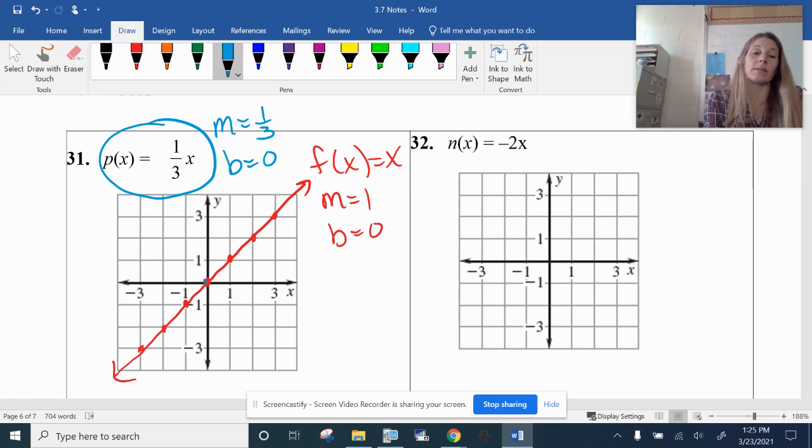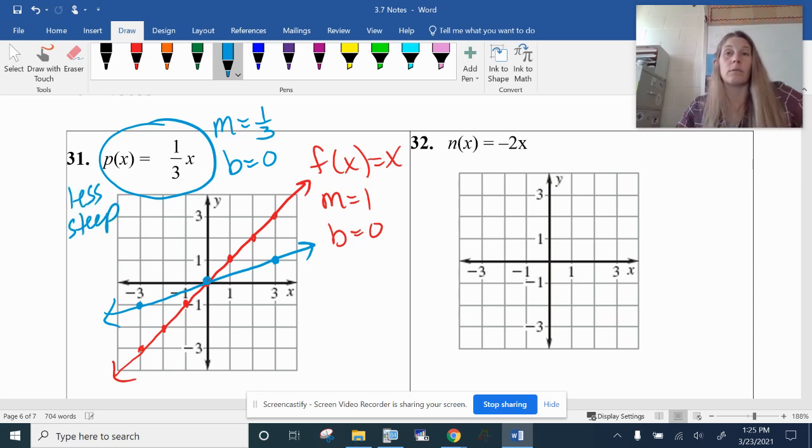So notice that they have the same y-intercept, but this graph is going up 1/3, which is going to give it a much shallower slope. So we can say it's less steep, or you could say flatter or shallower, or however you want to word that, than the parent function.